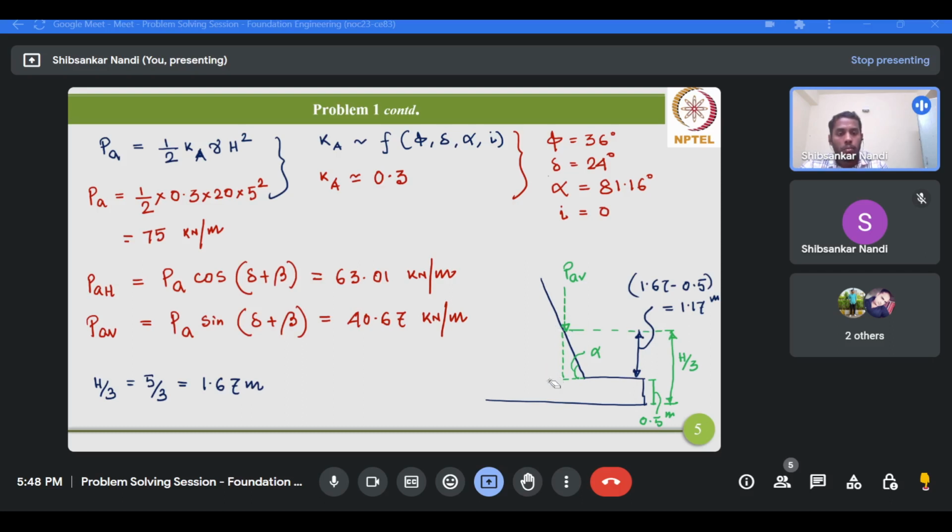So this will be, because tan alpha is basically 1.17 by this base, so this will be 1.17 divided by tan alpha, and alpha is your 81.16.